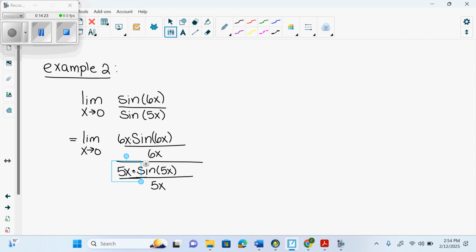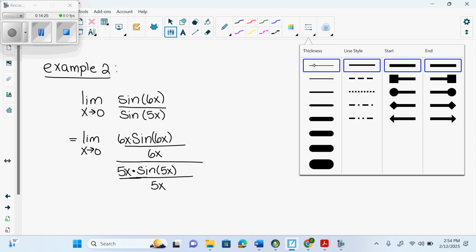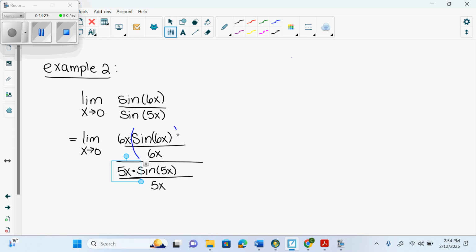So, sine 6x divided by 6x, this turns into a 1. Sine 5x divided by 5x, that turns into a 1. And then I'm left with the limit as x approaches 0 of 6x over 5x. What happens now?